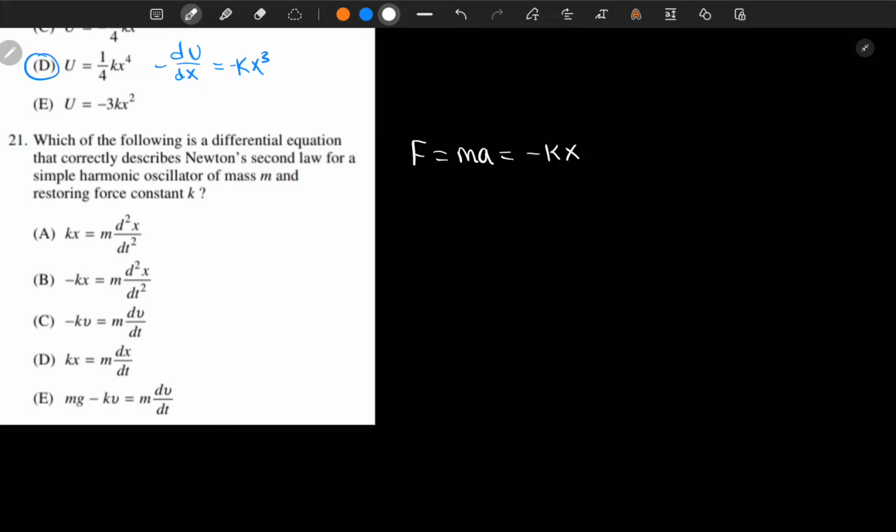Then a is the second derivative of x with respect to time. So this can be rewritten as m d squared x over dt squared, which is equal to negative kx. So this is a differential equation for x, and this matches with B. So the answer is B.